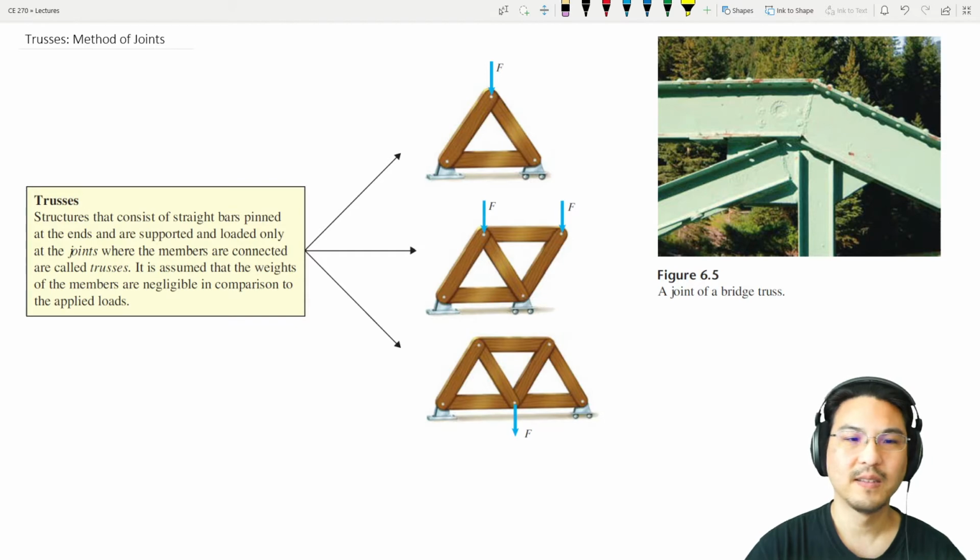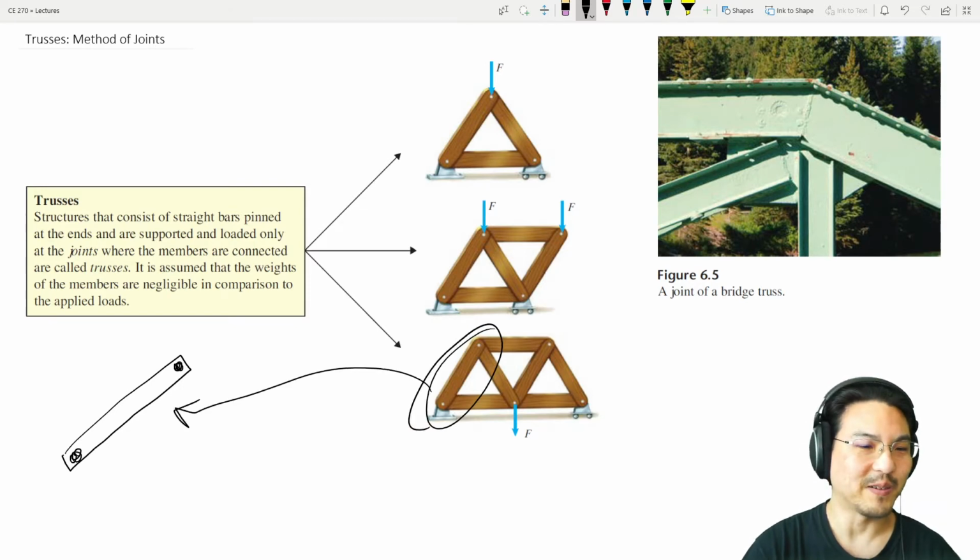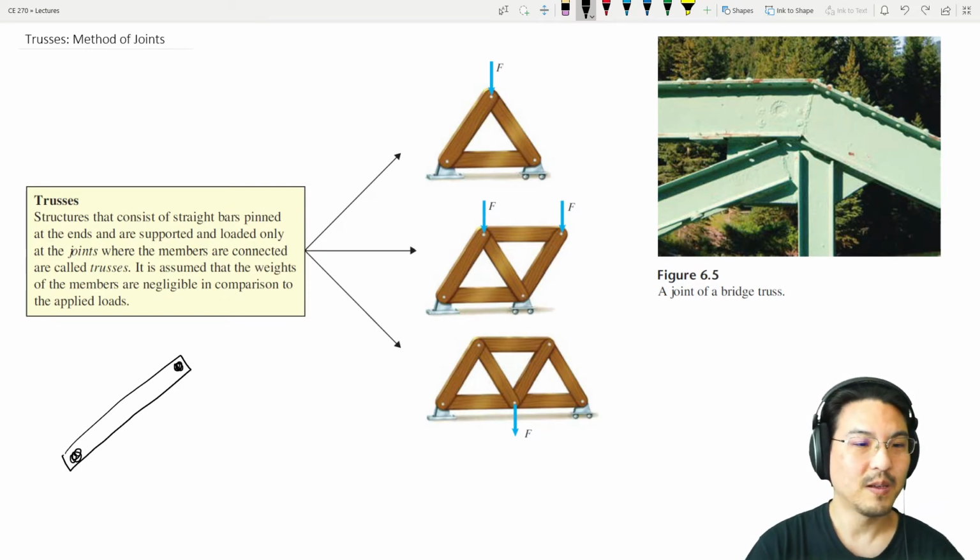Okay, so the side effect of having no torque at the joints: let's say I take one of these and I just draw it by itself, free body diagram, then there would be reaction forces at these joints, but no torque, nothing like this.